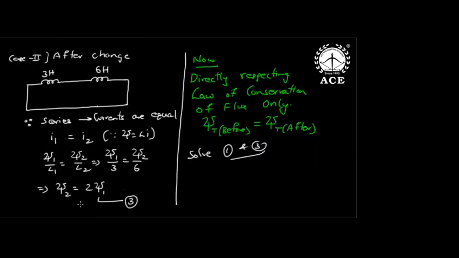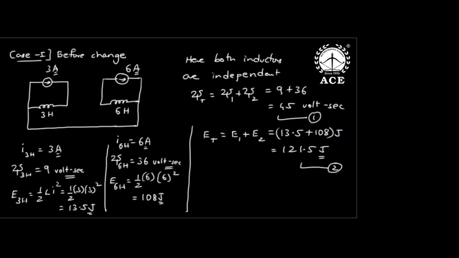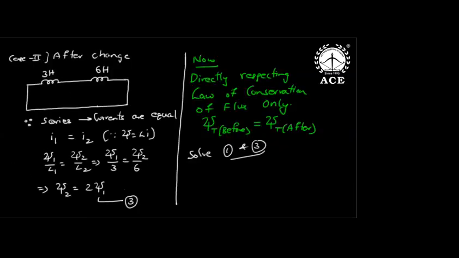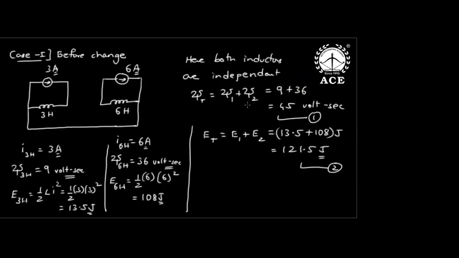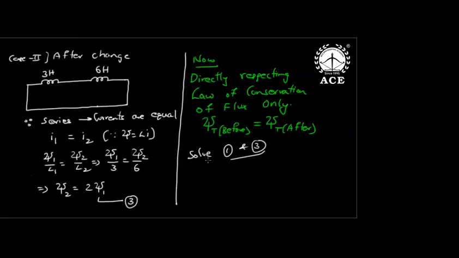But total flux linkage after is the same, so I am equating this to 3. Phi 2 is 2 phi 1. Substituting 3 in 1: phi 2 is 2 phi 1, but phi 1 plus phi 2 is 45. That is, total 3 phi 1 is equal to 45.